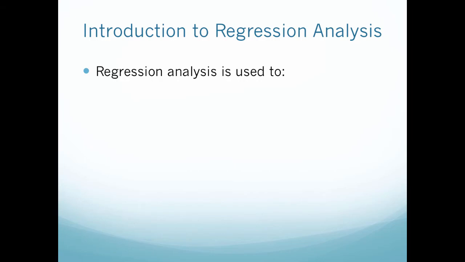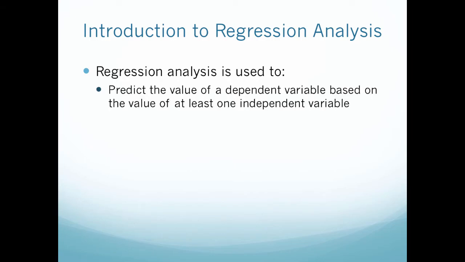So we use regression analysis to predict the value of a dependent variable based on the value of at least one independent variable. And when I talk about this, the x is going to be my independent variable and the y is my dependent variable. That makes sense because if you think about a function, I always change the value of x, and then the y value, or the f of x, will then change based on the x.